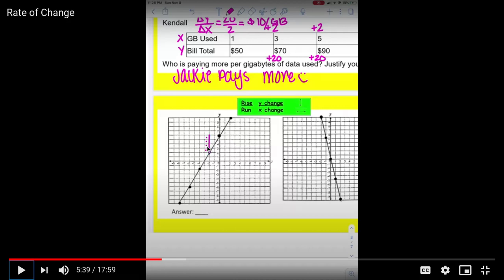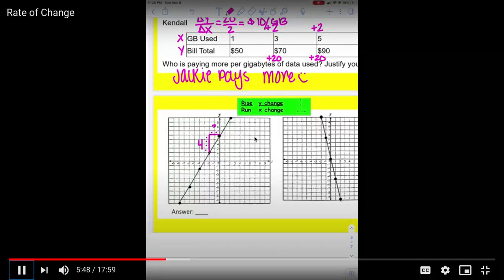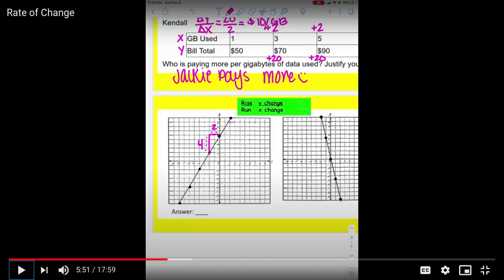So I see that that is 4 blocks tall. So that tells me that my rise is 4. And then when I draw the other leg, that is horizontal, and that is called my run. So I see my rise is 4 and my run is 2. Rise is just a way to say the change in y, and run is the change in x.